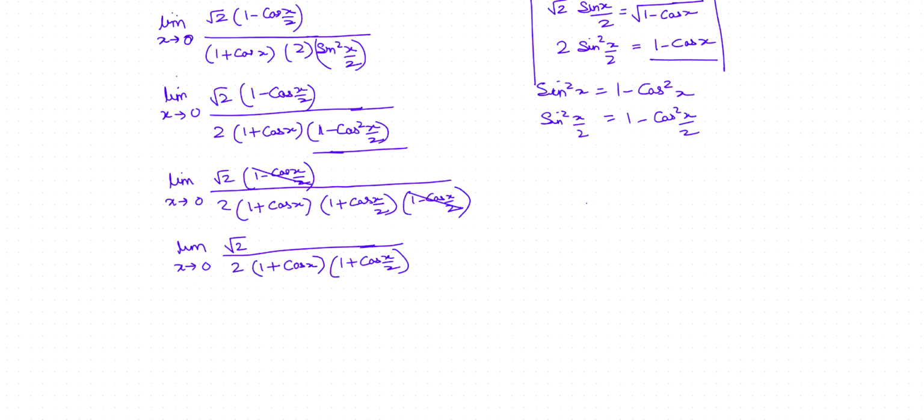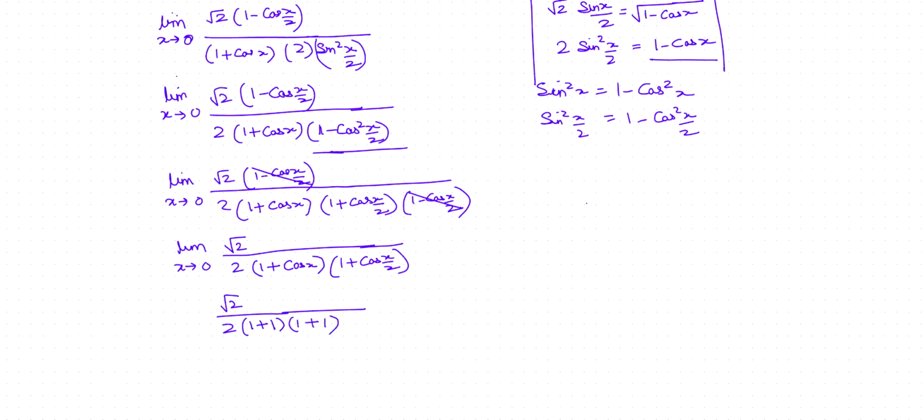now this is a simplified version we have. Now let's put x is equal to 0. So we know cos of 0 is 1 and cos of 0 by 2 here is also 1. So this is 1.